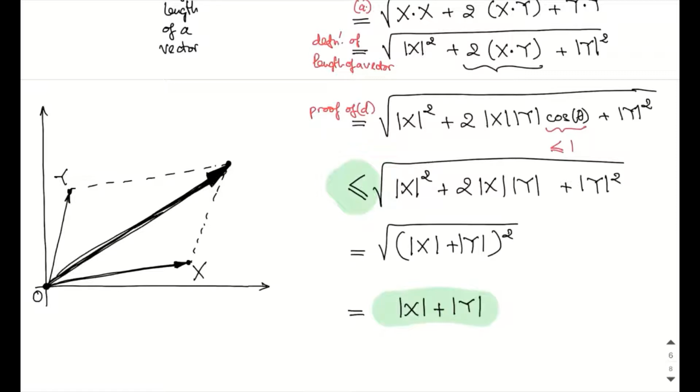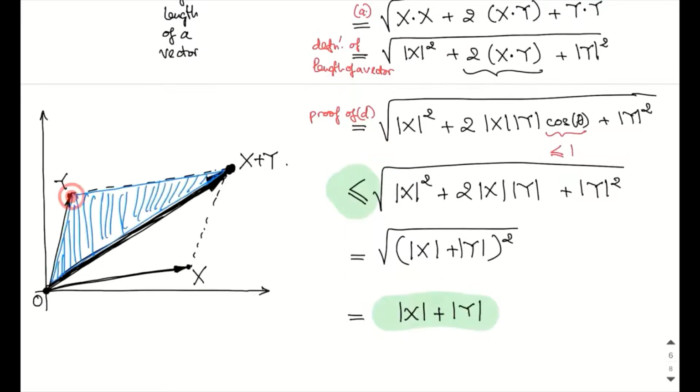So this is going to give you the vector x plus y. This side has the length of y. This side has the length equal to the length of the opposite side of the parallelogram. And the length of this is x, the length of vector x. So this side has the length of vector x. Obviously, this side, the diagonal, has the length of the vector x plus y.